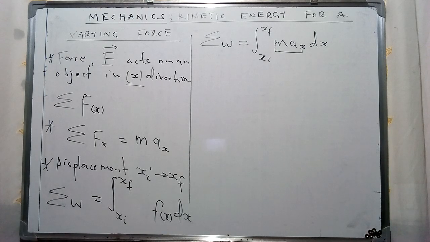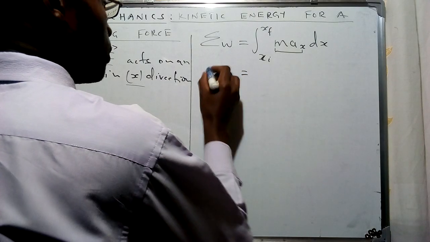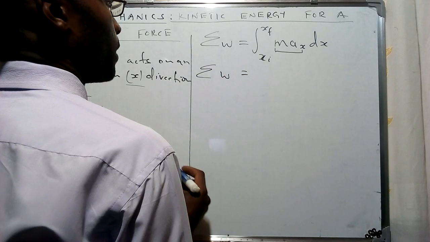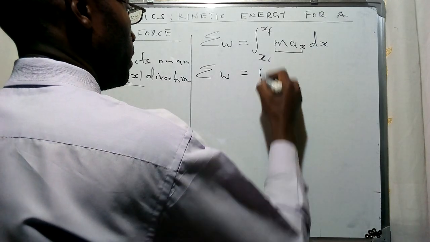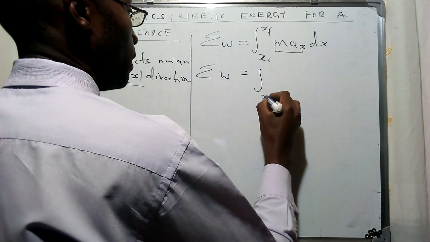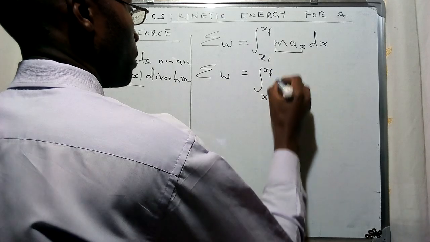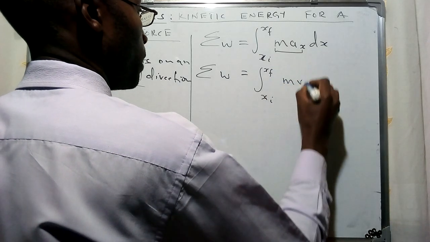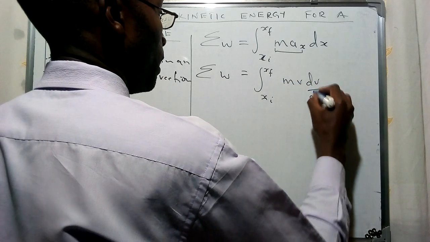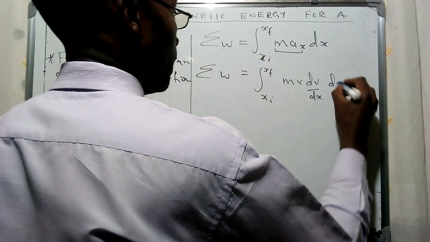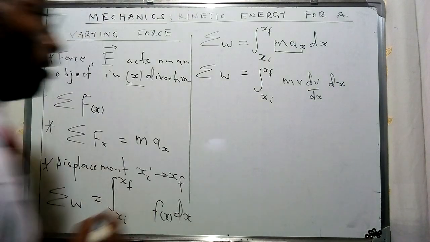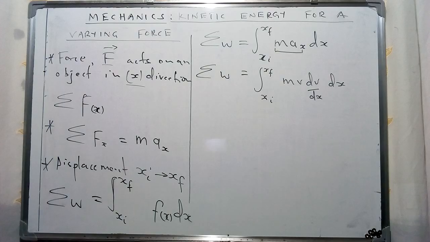This can be evaluated, whereby from equations of motion, we see that acceleration can be given as a differentiation of velocity, or the first differential of velocity is going to give us acceleration. So we're going to have this as m v dv over dx, dx. This is going to be a differential of velocity, which gives us acceleration.